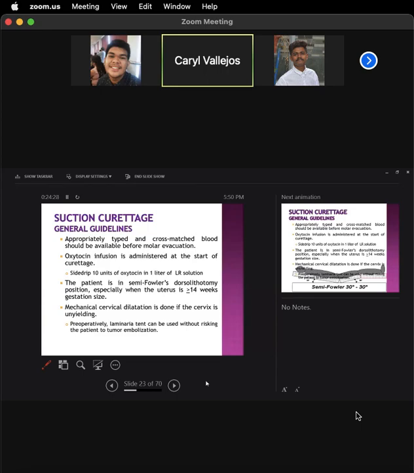A side drip of 10 units of oxytocin in 1 liter of your lactated Ringer's solution. The patient is in semi-Fowler's dorsolithotomy position, especially when the uterus is greater than 14 weeks age of gestation. Mechanical cervical dilatation is done if the cervix is unyielding, or preoperatively, as I said a while ago, laminaria tent can be used without risking the patient to tumor embolization.